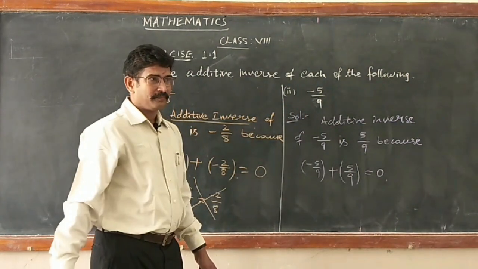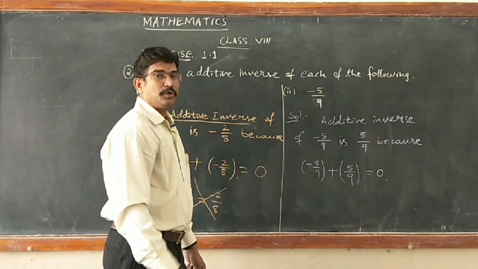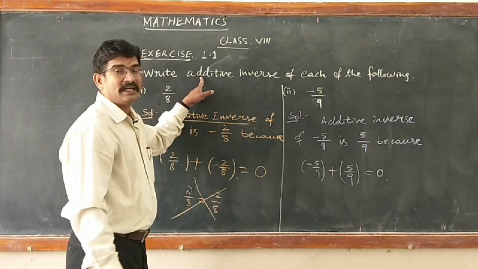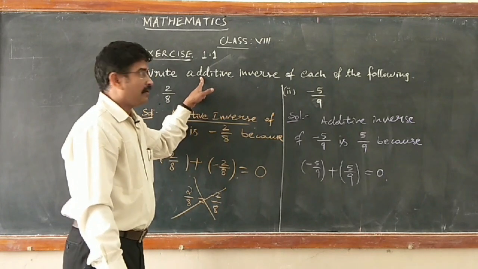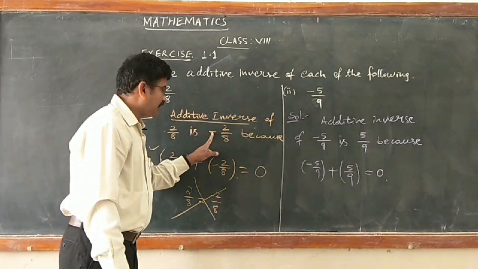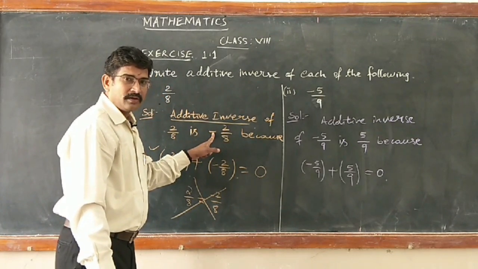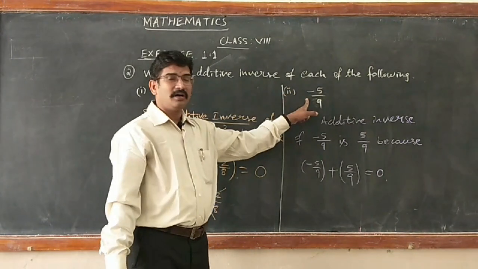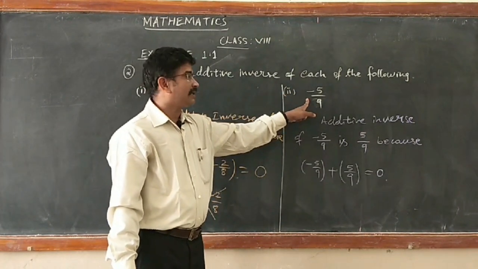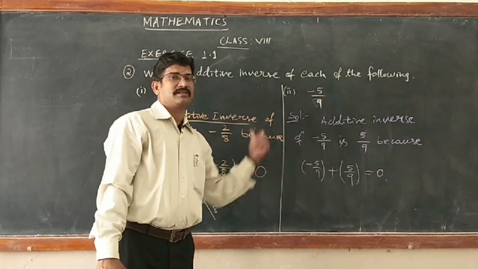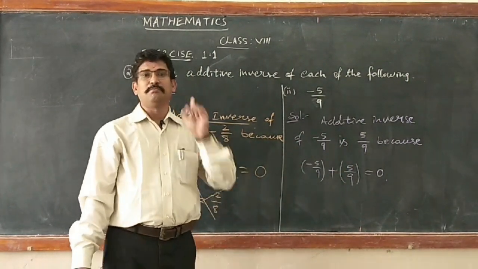Same reason. So children, you need to remember the very simple logic of finding the additive inverse. If it is a positive number, make it negative, that will be its additive inverse. If it is a negative number, make it positive, that will act as the additive inverse of the given number. So this is the simple logic.